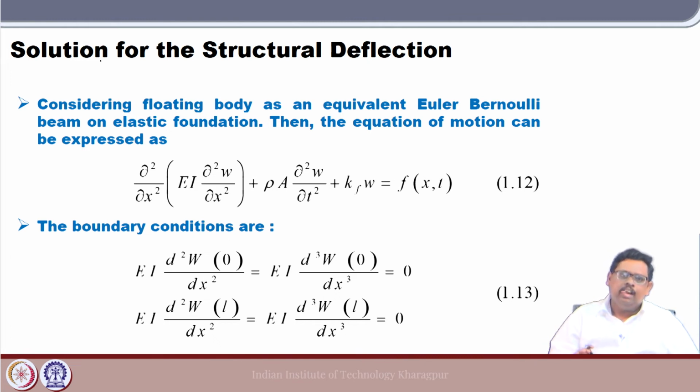So, this is my Euler beam equation, and on the right hand side, this f(x,t) is the dynamic force, the sectional dynamic force that you get from your hydrodynamic code.